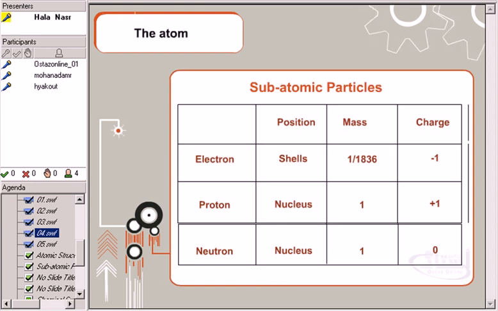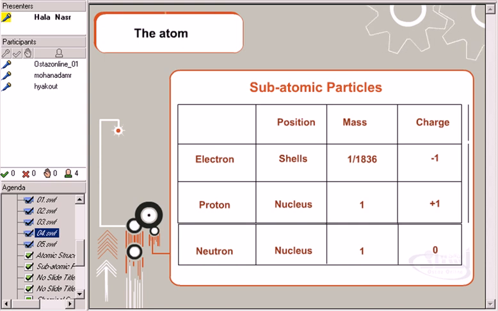Now, it's really important to know the position, the mass, and the charge of these subparticles. The electrons, as we said, are found in the shells, and each energy level is known as a shell or energy level. The protons and neutrons are found inside the nucleus. Now let's have a look at the mass.